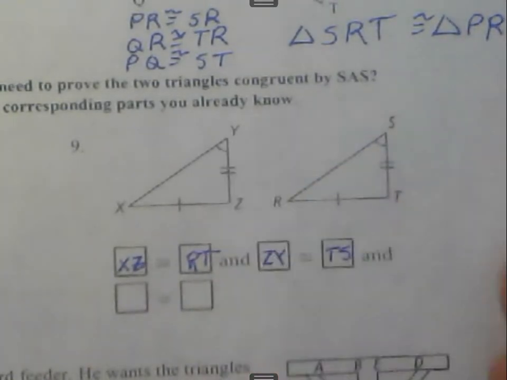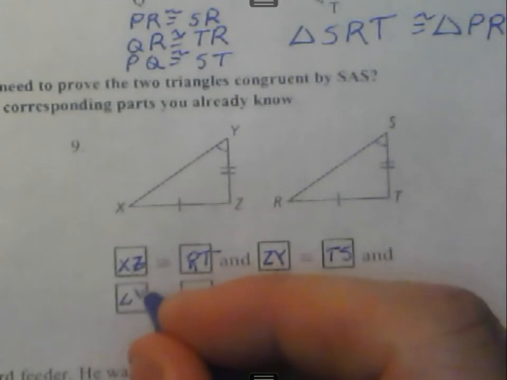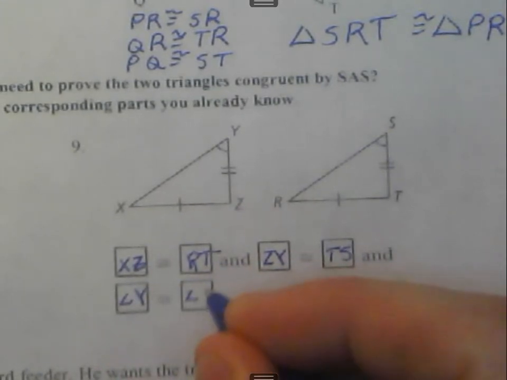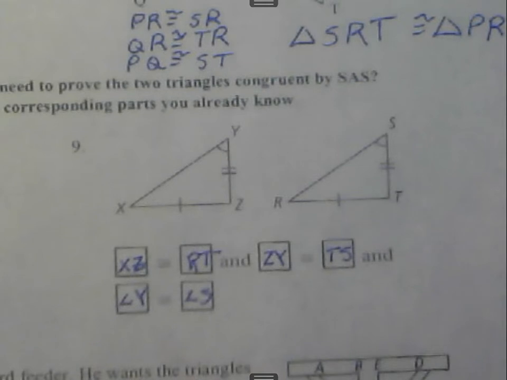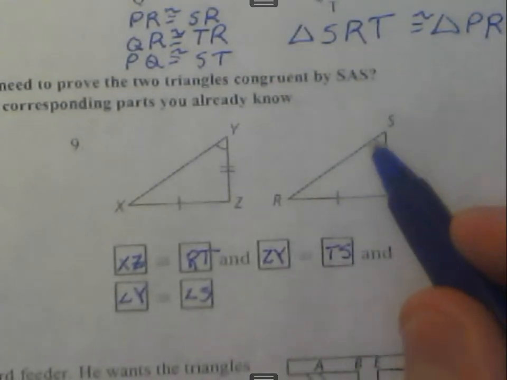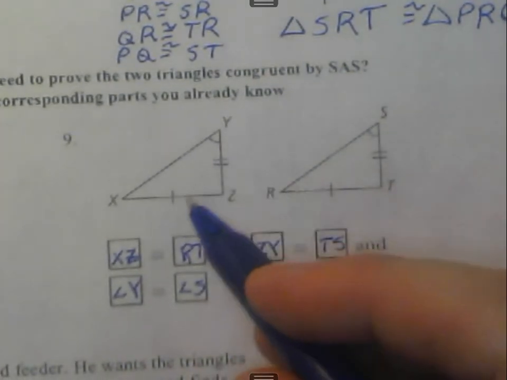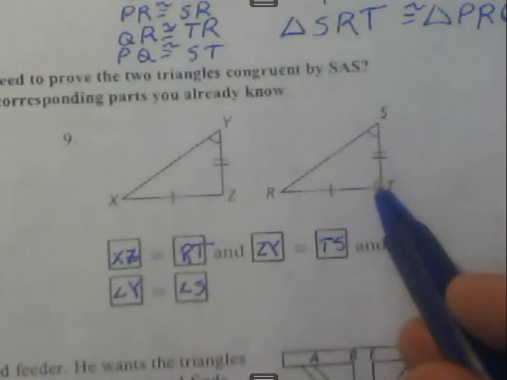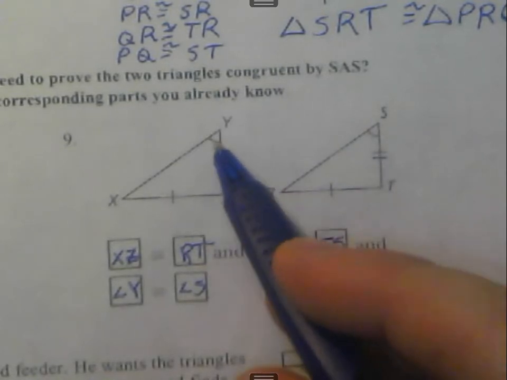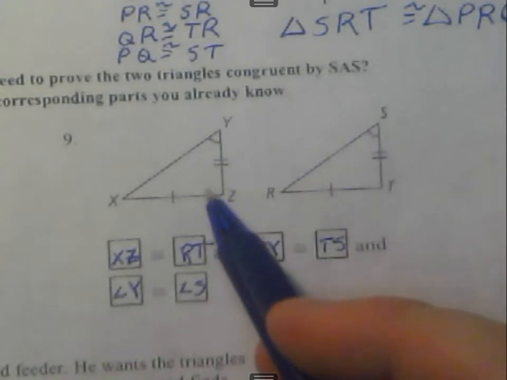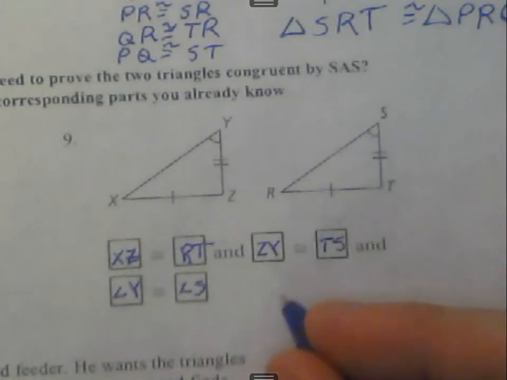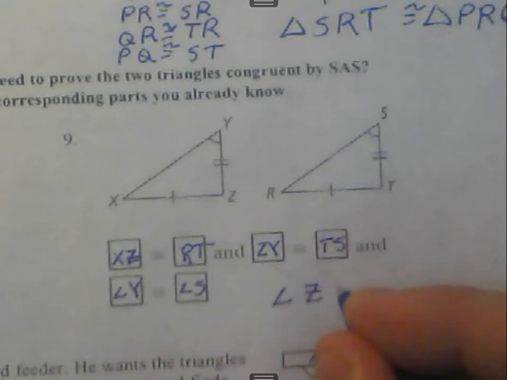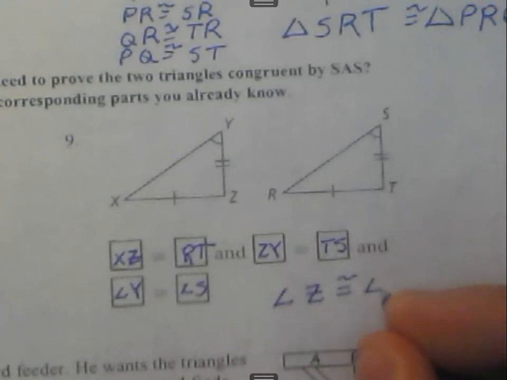I also know that angle Y is congruent to angle S. Now, unfortunately, this is not an included angle within these two sides. The included angle is right here. So in order to do side angle side, we'd have to know this included angle. We actually don't need to know this angle, but we do have to know this one right here. So the thing that we'd have to know is that angle Z is congruent to angle T.